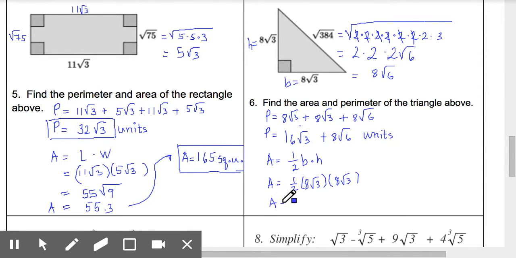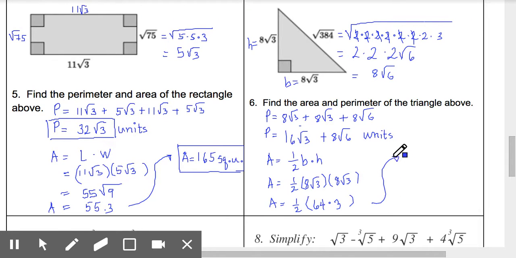We multiply 8 square root of 3 by 8 square root of 3, and that's going to give us 8 times 8 is 64 times square root of 3 times square root of 3 is square root of 9, and square root of 9 is 3.